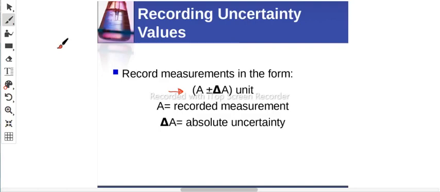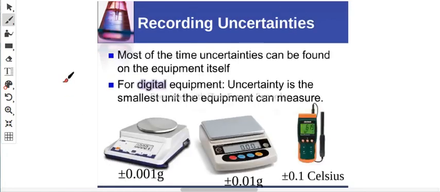For example, if I use a graduated cylinder to measure the volume of water, and the volume was 25.00, I put plus minus the uncertainty, which is called the absolute uncertainty, and we're going to learn how to find it now. For my graduated cylinder, it is 0.05. Then I close brackets and put beside it the unit for volume, which is cubic centimeter. This is so important whenever recording uncertainty values, and it will help you when writing your lab reports and your internal assessment.